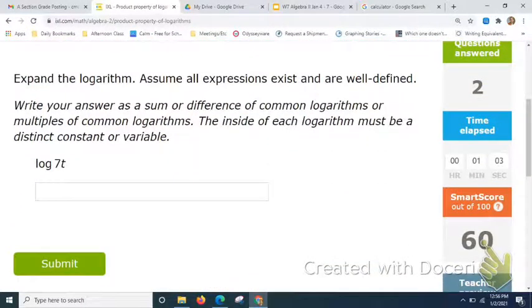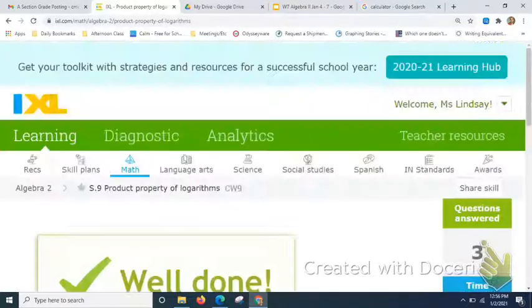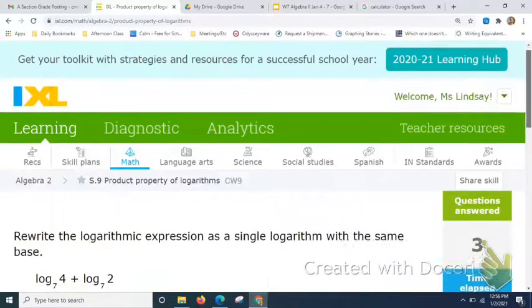Now we're expanding. So log 7 plus log t. So you're either making it into more than 1 or you're multiplying to make it down to 1 to condense it to a single, because this is all product property.